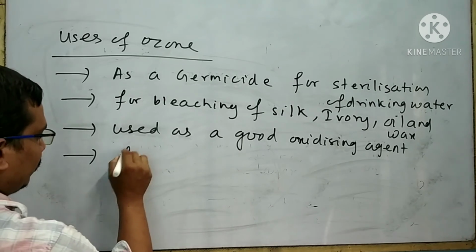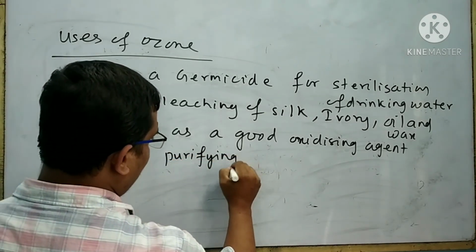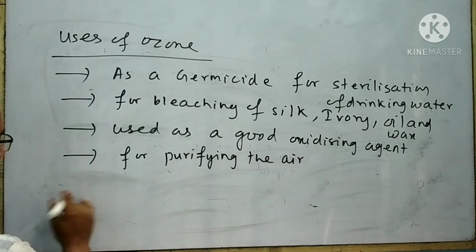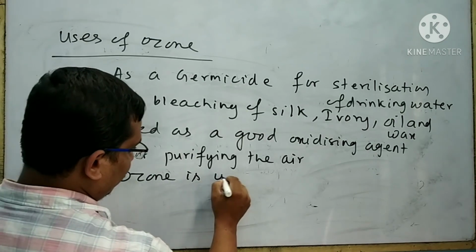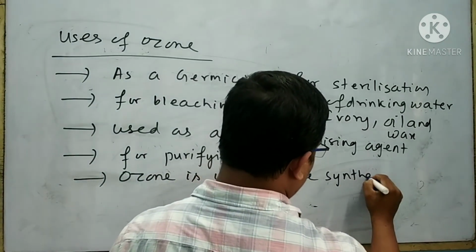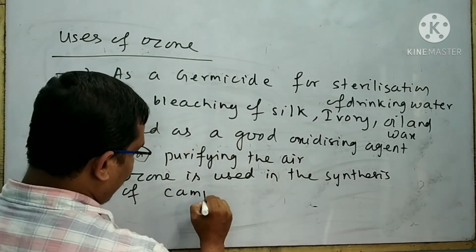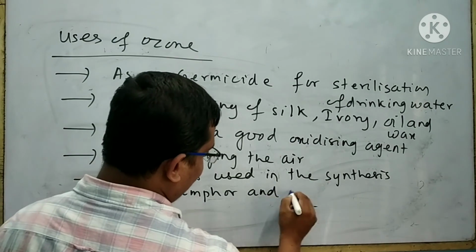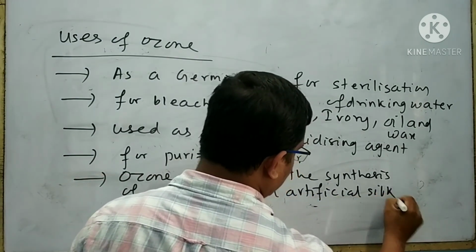Ozone is used for purifying the air. Next point is ozone is used in the synthesis of camphor and artificial silk.